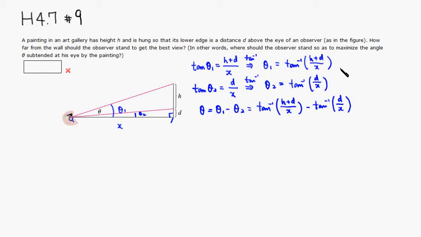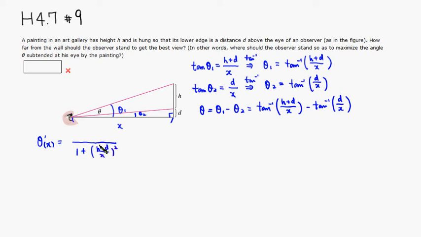Alright, so we can take the derivative of this theta function. We're going to look at theta prime of x, so the derivative is done with respect to x. Arctangent, so this is going to be 1 over 1 plus ((h plus d) over x) squared.